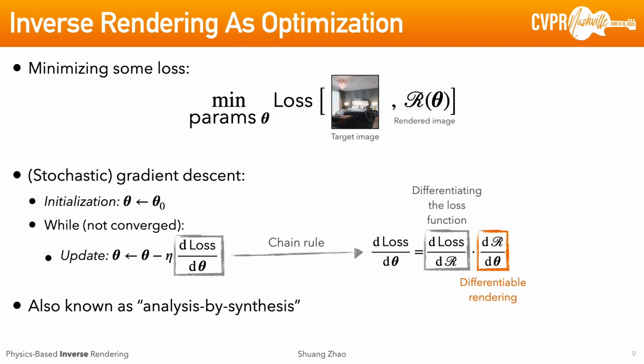And of course, to solve these problems, one can use stochastic gradient descent, by initializing with some guess of the scene parameters, we can iteratively update the parameters until convergence is reached. And of course, to actually estimate the gradient of the loss with respect to the scene parameters, one can apply the chain rule, which in turn requires differentiating the rendering function. That's where differentiable rendering is needed.